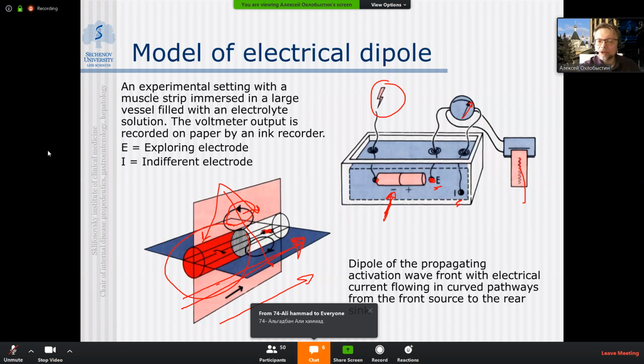Once it is activated, the activation will spread from that origin to all other portions of the myocardium, everywhere, until everything is activated. The wave of activation will not stop.